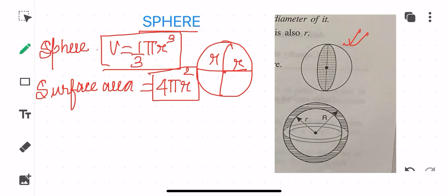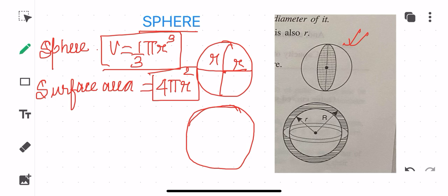The next thing is the spherical shell. For the spherical shell, children, you can see the figure here. It is a solid which is enclosed between two concentric spheres. Shell means what, children? You must have learned that if you are eating a walnut, the walnut has got a shell.